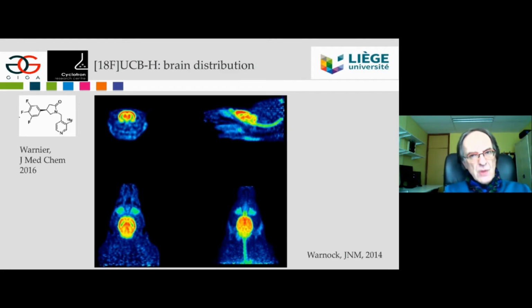And then you want your biomarker to bind to a receptor, whatever it is, a binding site, and stay a little bit, because the other difficulty would be that the binding is too weak, so that the drug is extremely rapidly washed out of the brain, and you cannot see anything in the brain.